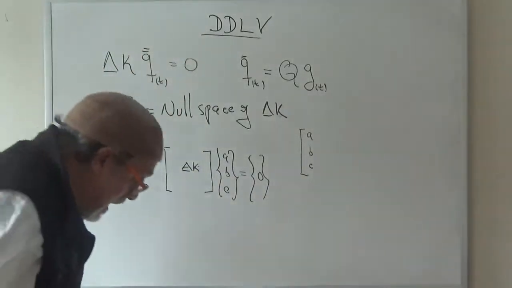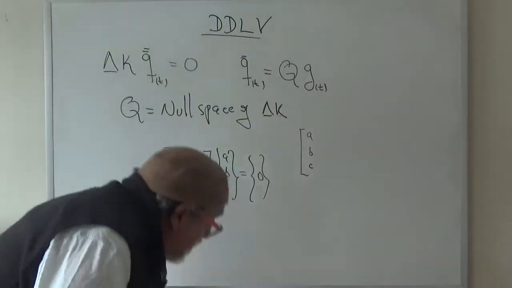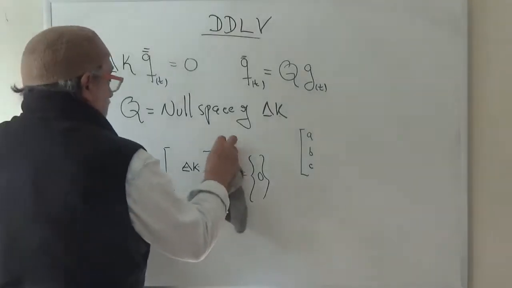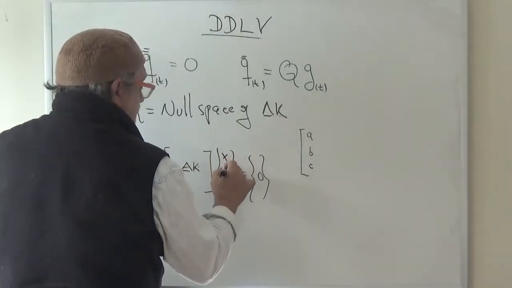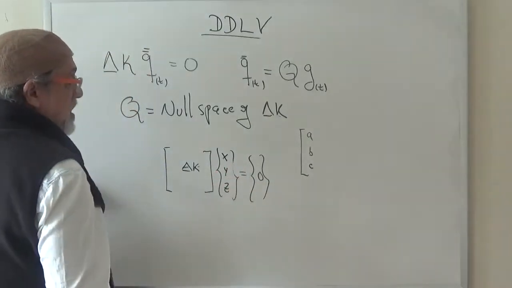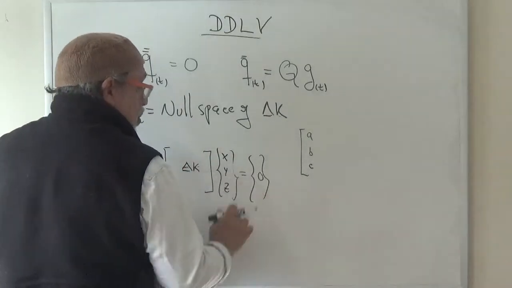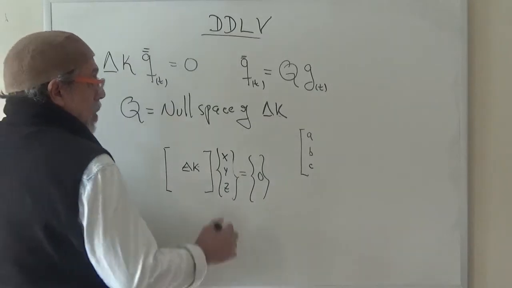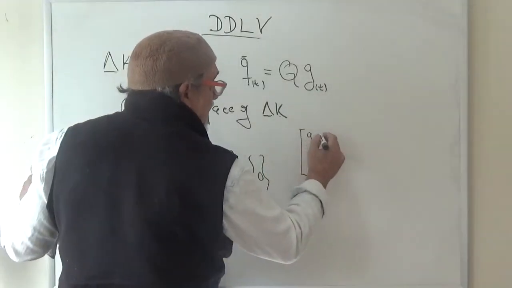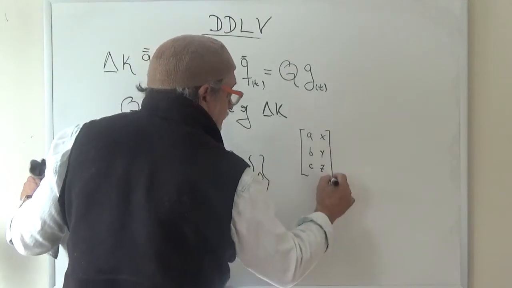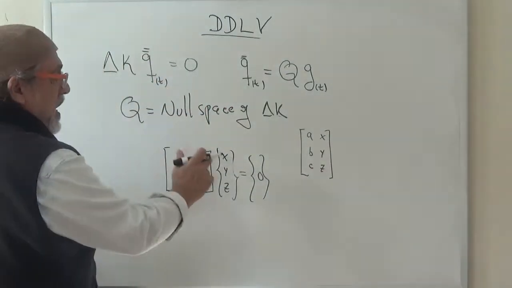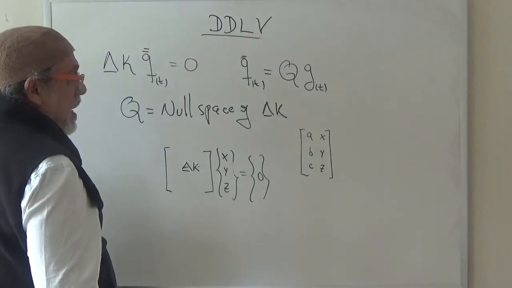Now imagine that I can also find another vector, XYZ, and that XYZ times this is also 0. Well, then the vector XYZ is also in the null space. Here I'm treating it like it was a 3 by 3.